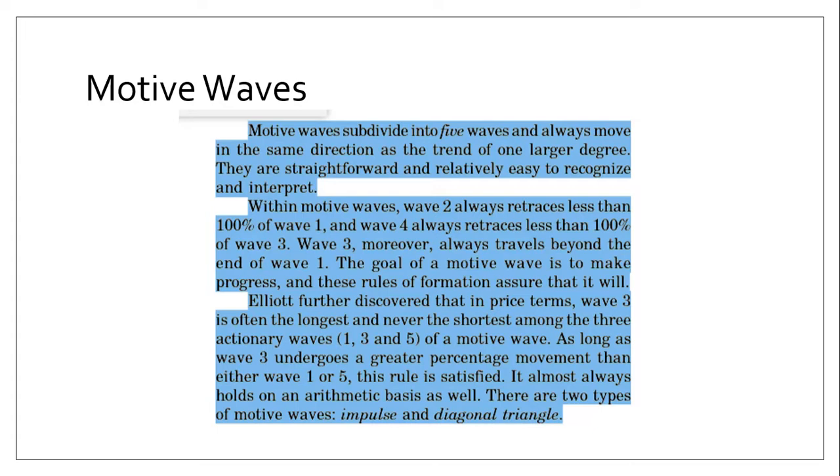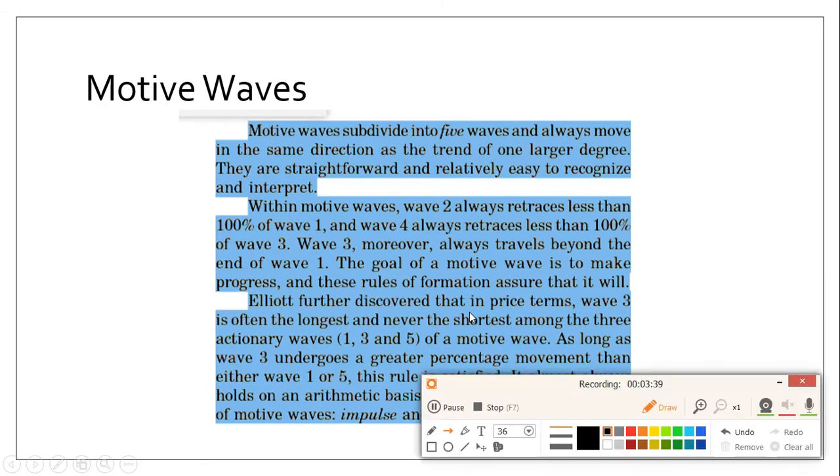So wave 3 moreover always travels beyond the end of wave 1. What does that simply mean? Let me bring this up so we better understand. Let's pretend this is a wave 1, and this is a wave 2, and this is a wave 3, this is a wave 4, wave 5.